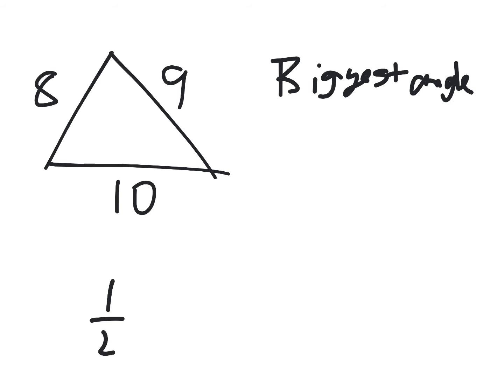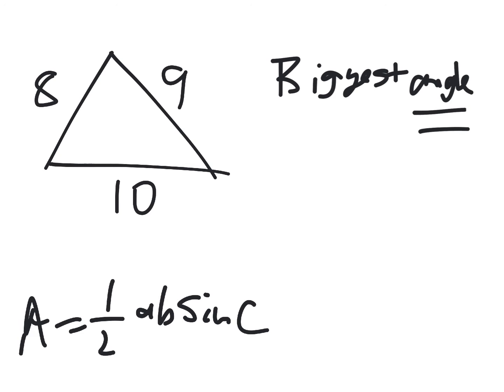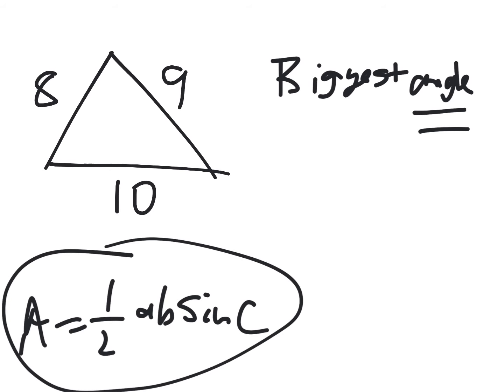I'd use 1/2 A, B, and what's the rest of that formula? Sine C to find the area. So find the angle first, biggest angle. Now, in the real world, totally fine to use that semi-perimeter way. But in this case, because I want you to find the angle first, then I think it's actually easier to do this. Pausing.